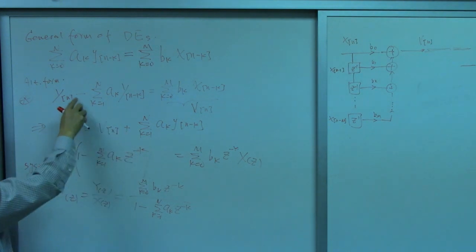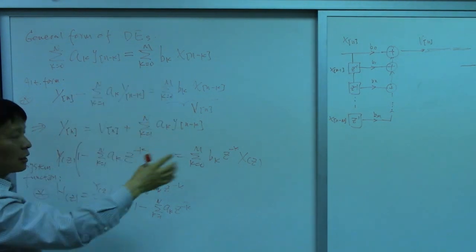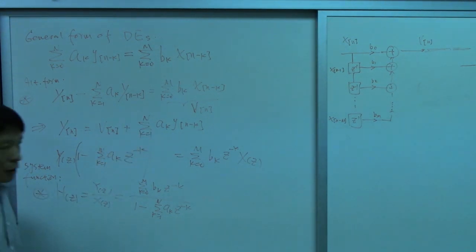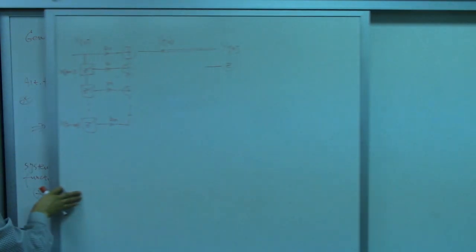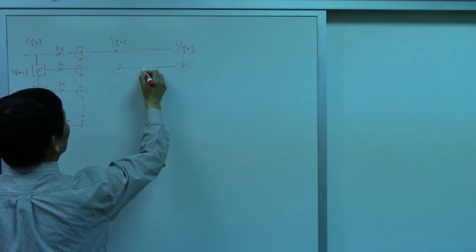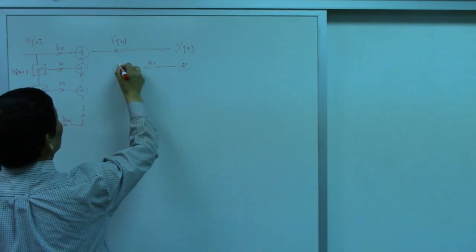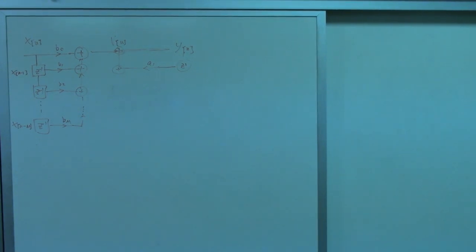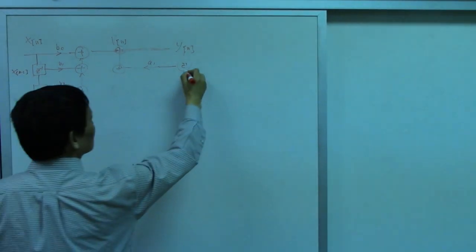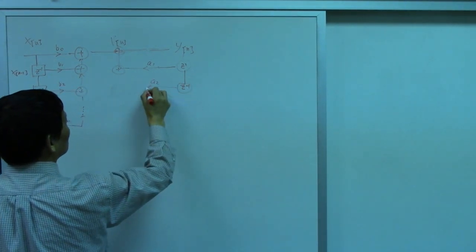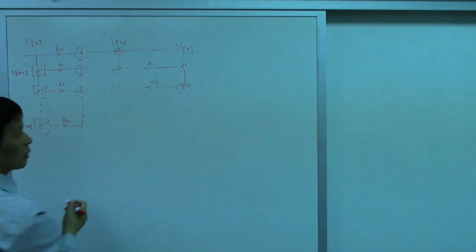That's why we write this negative, because when we move this one to the right-hand side, it will be plus. So it is a1, not negative a1. So this here will be multiplied by a1, then go up. So here is plus. Make sense? Then similarly, this is another delay, and this one will be a2.